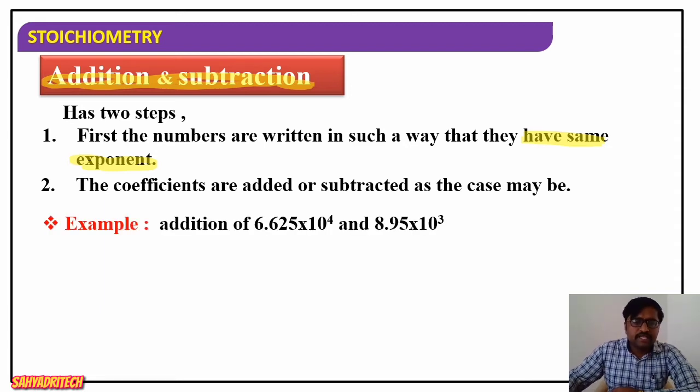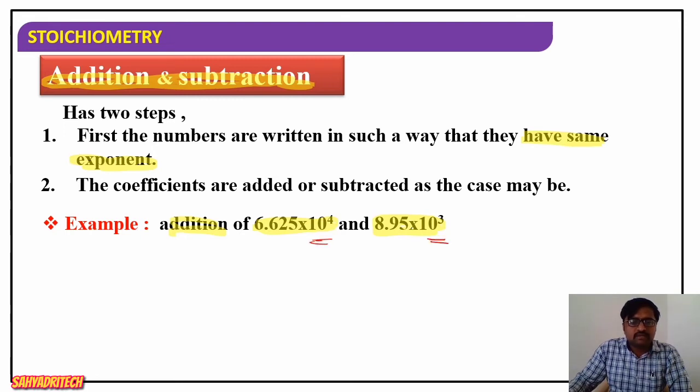Now think of addition of two values. I have specified 6.625 into 10 raised to 4, and another one, 8.95 into 10 raised to 3. We have to add these values. Before going for addition, we have to look at the exponents.